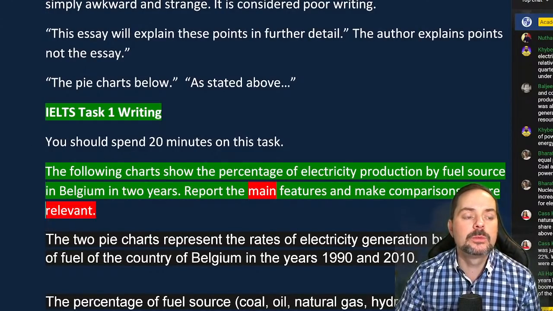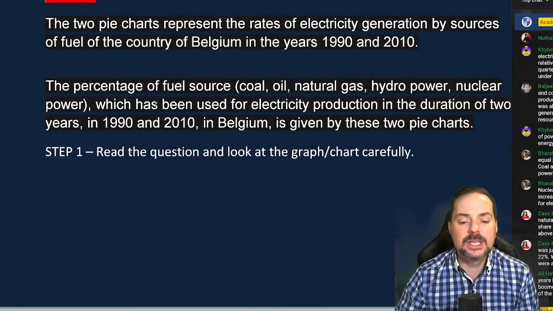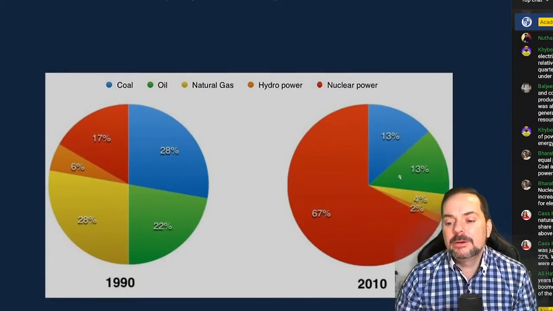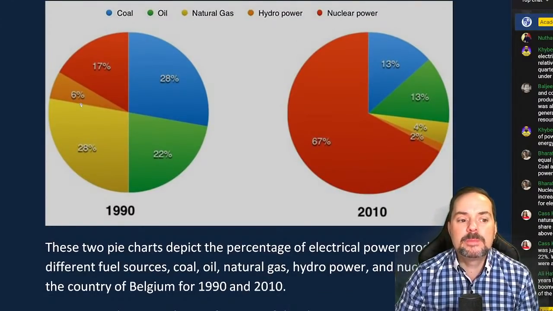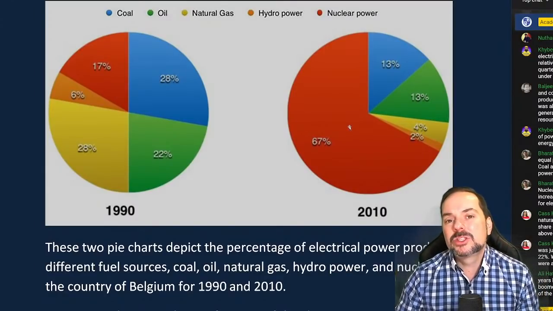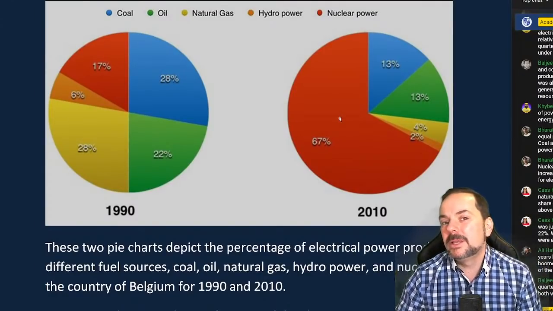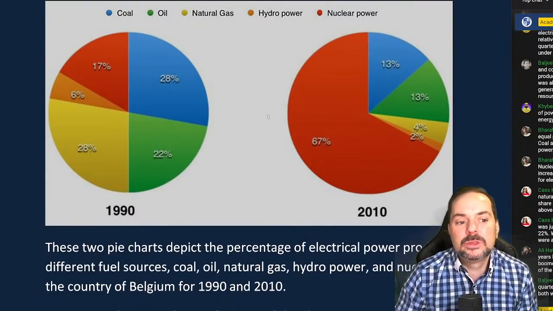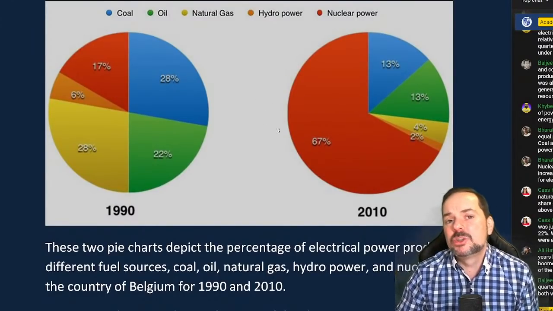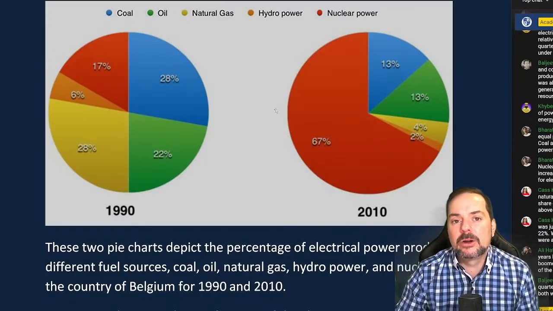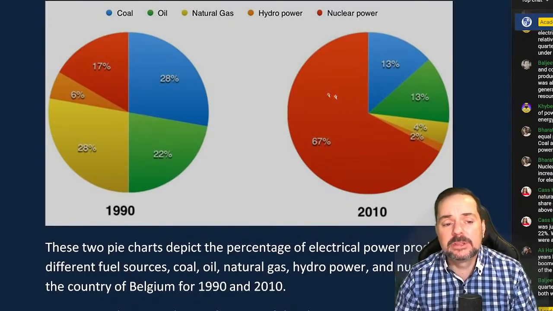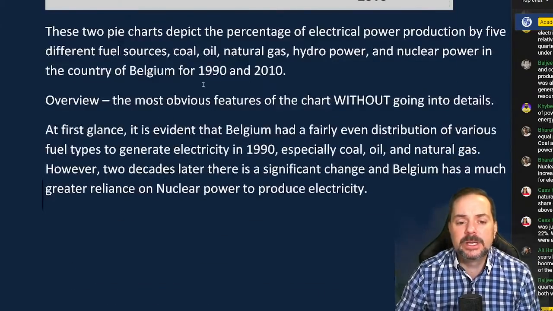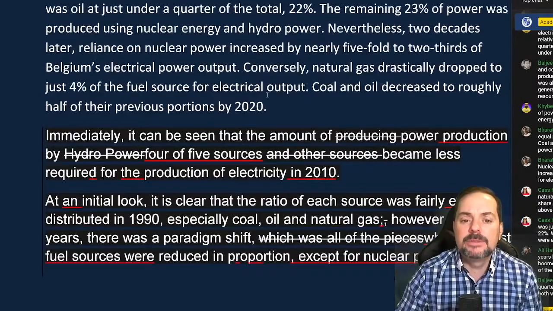Now, in the real world, if we're holding a presentation on this, the hydropower relative to the other fuel sources is so small that it's not a main feature, and it's not overly relevant to the power production. I'm sure Belgium wouldn't panic if hydropower were to suddenly disappear. They would definitely panic if nuclear power were to disappear, right? They'd be in a lot of trouble. So kind of think about that, right?